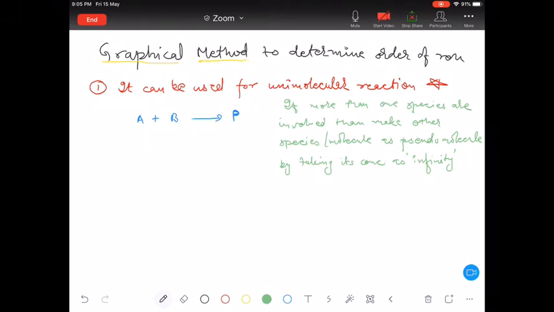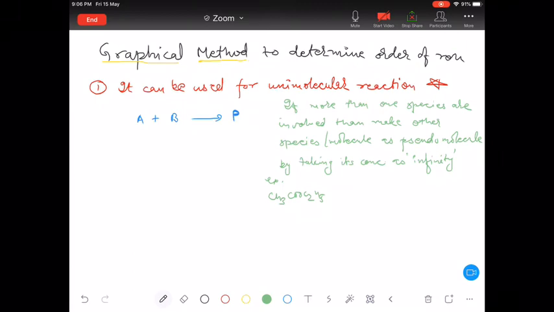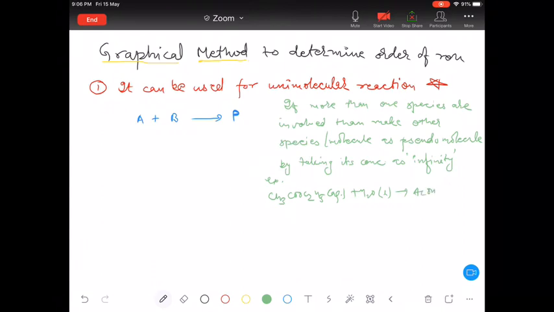For example, let's say hydrolysis of ester. If I take example CH3COOC2H5 aqueous, plus H2O, if I write it as liquid, giving CH3COOH plus C2H5OH, let's say.